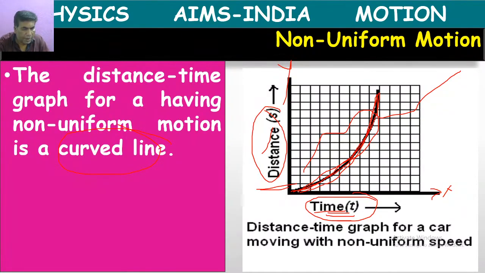Okay, any doubt regarding this non-uniform motion? Here we have two factors. One is distance, the other one is time. Distances may be equal, time may be unequal, or time may be equal, distances may be unequal.